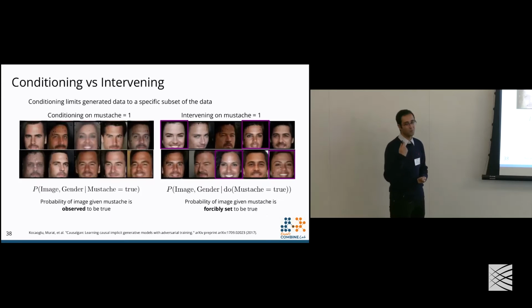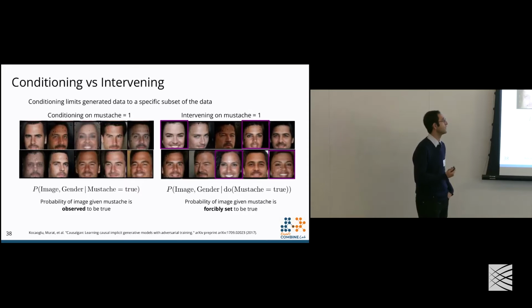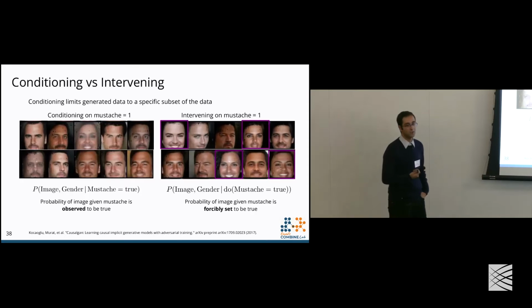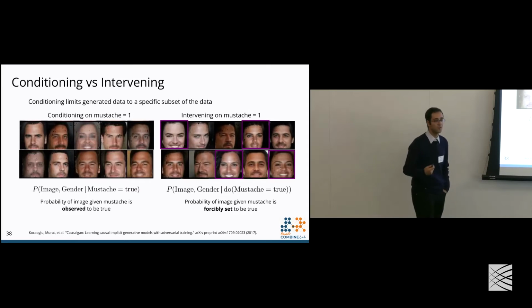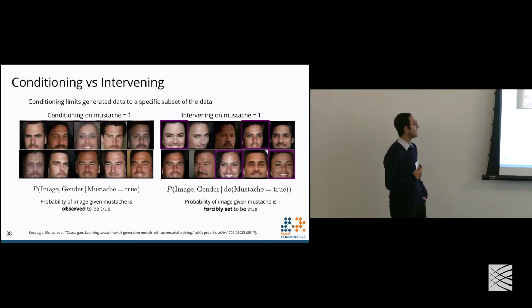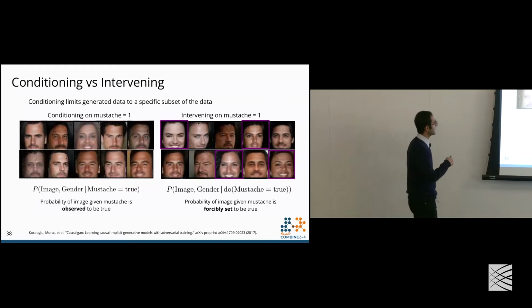So let's see more concrete examples of what we just saw. As we saw, conditioning only limits the generated data to a specific subset of the data. On this left figure, we see what happens when a conditional GAN generates some images of people's faces based on the label mustache equal to true. We only get males in our population because they're more likely to have mustaches.